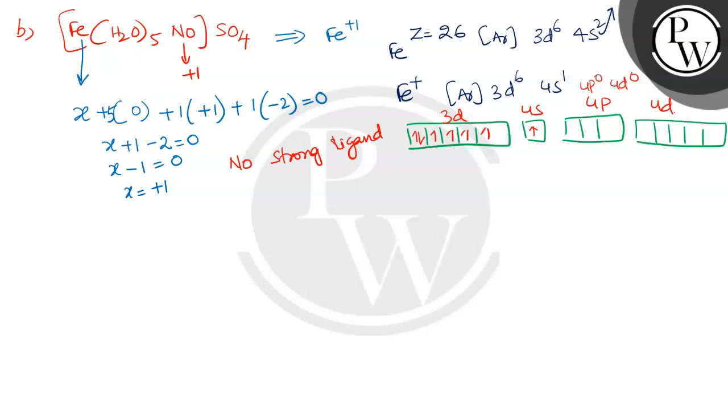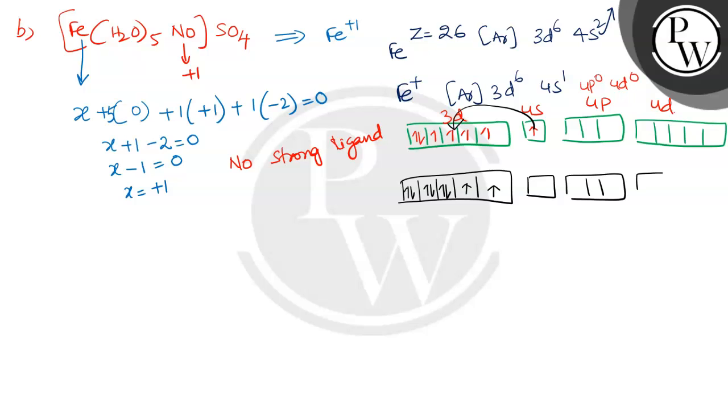Therefore, this s electron is jumping from here to here and pairing starts. So here this d orbital, observe this is 1, 2, 3 pairs of electrons are there, and this is 1 and this is 1. Remaining s orbital vacant, p orbitals vacant, and outermost d orbitals also vacant.